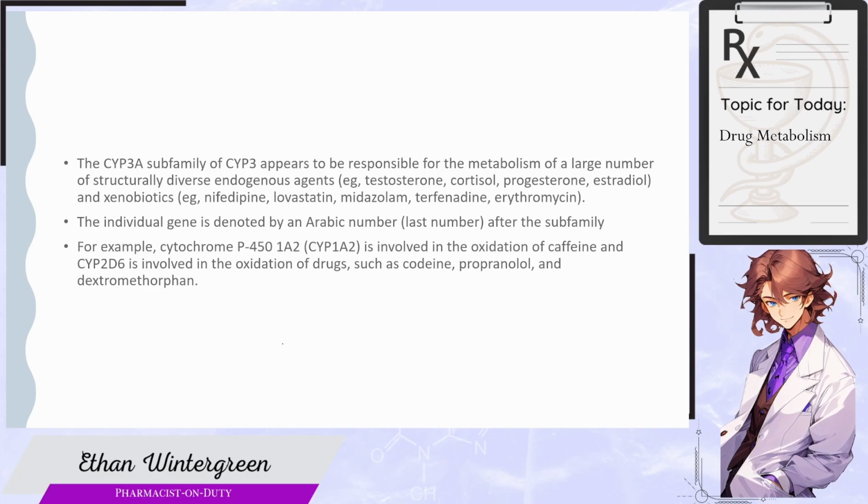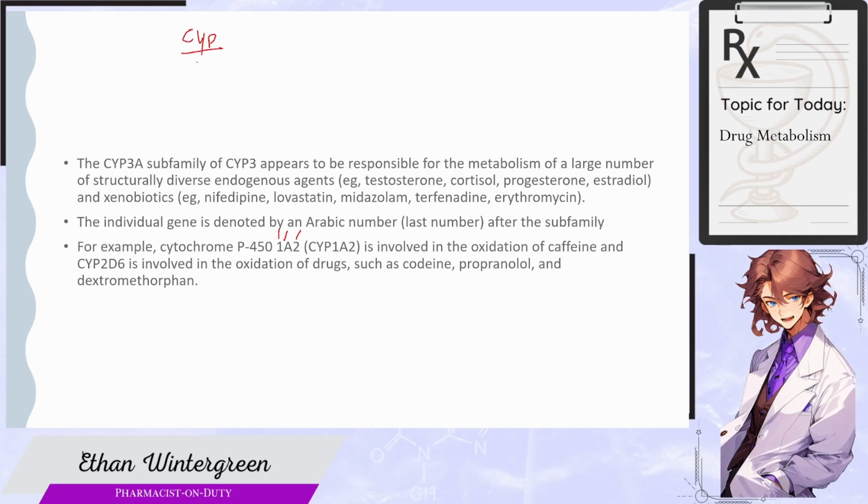An individual gene is denoted by an Arabic number after the subfamily. Take for example cytochrome P450 1A2: family, subfamily, gene. CYP1A2 is involved in the oxidation of caffeine, and CYP2D6 is involved with the oxidation of drugs such as codeine, propranolol, and dextromethorphan.